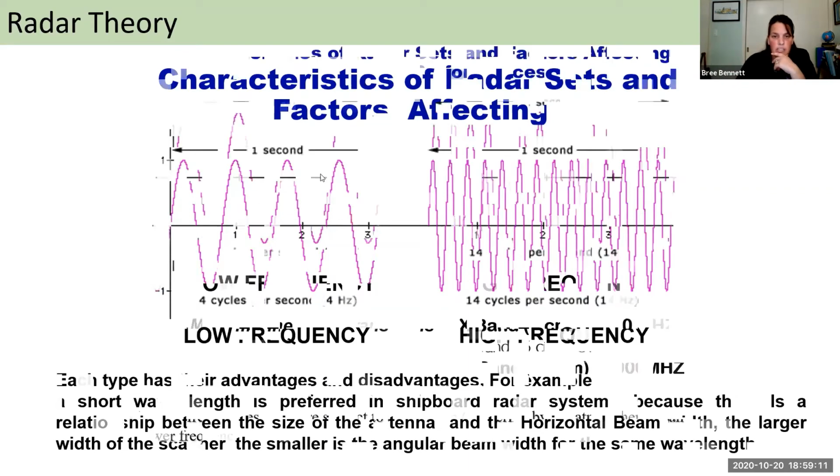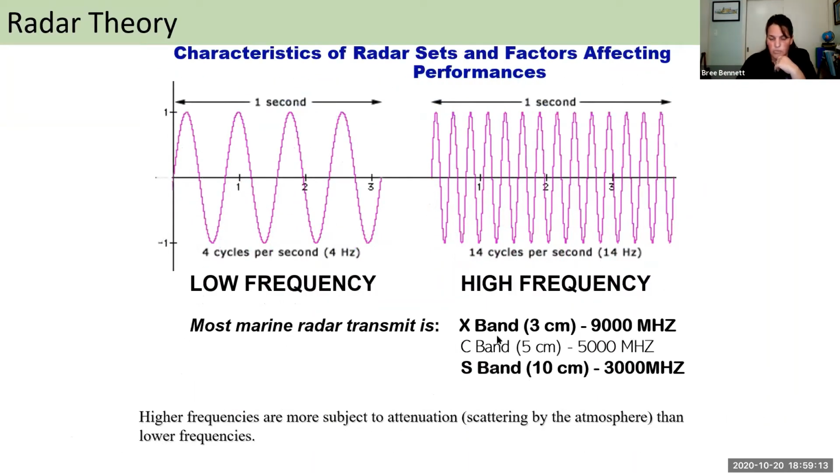So the 2 basic ones that we're going to talk about are called X band and S band. The X band is the 3 centimeter radar. Something to remember here: you have an X band radar.